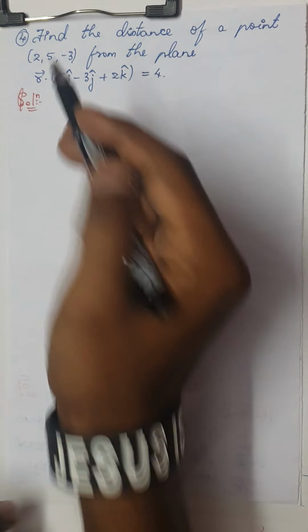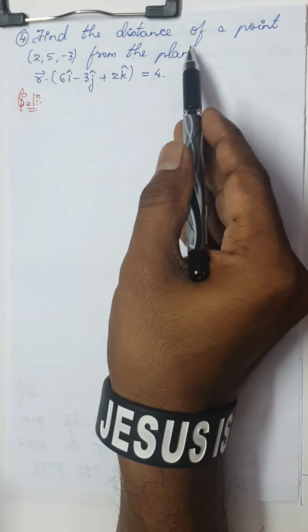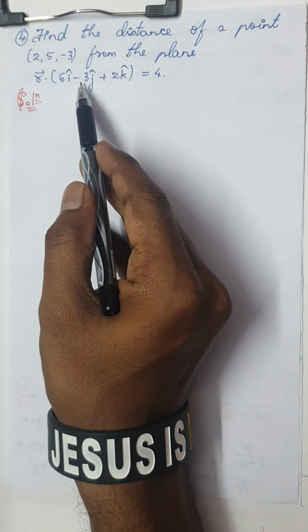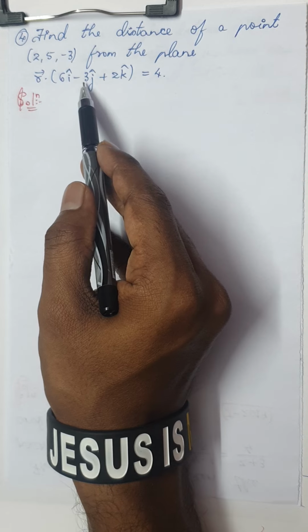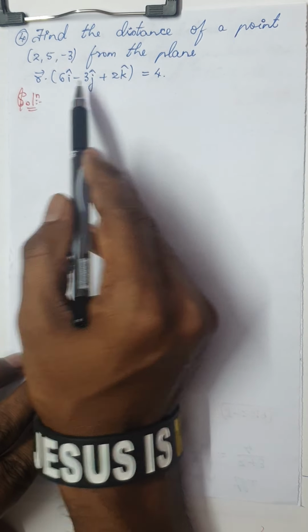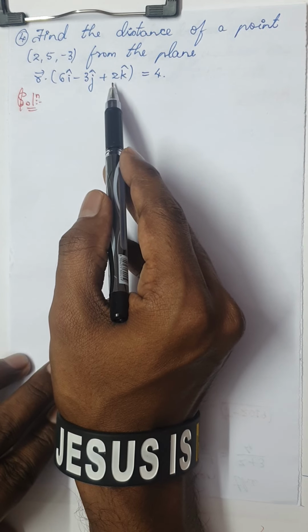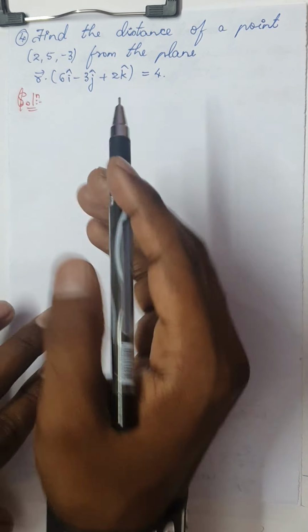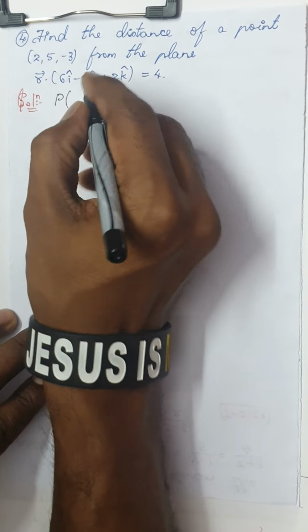The question reads this way: find the distance of the point from the plane. This is exactly the same question which we solved previously, but the only change is that there the equation of the plane was given in Cartesian form. Here they have given it in vector form. So how do you solve this? Let us take down whatever is given.